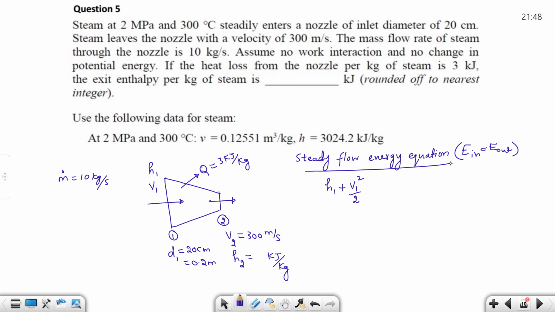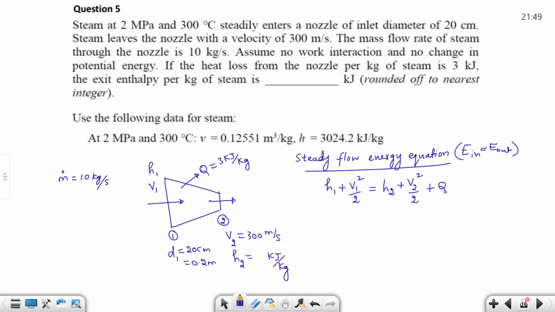Energy in is mass flow in with enthalpy and kinetic energy, potential energy neglected, which will be equal to enthalpy out and kinetic energy, potential energy neglected, and then heat going out. Heat is known.